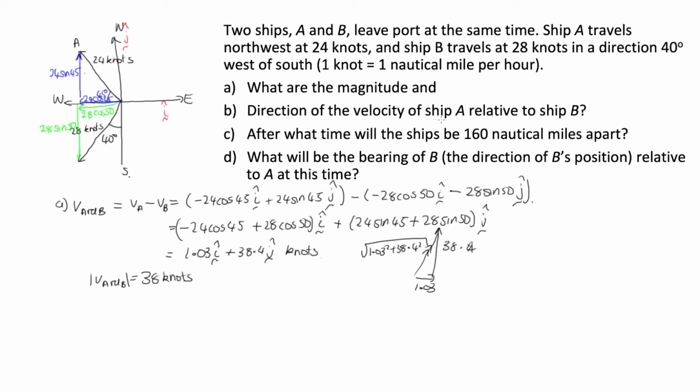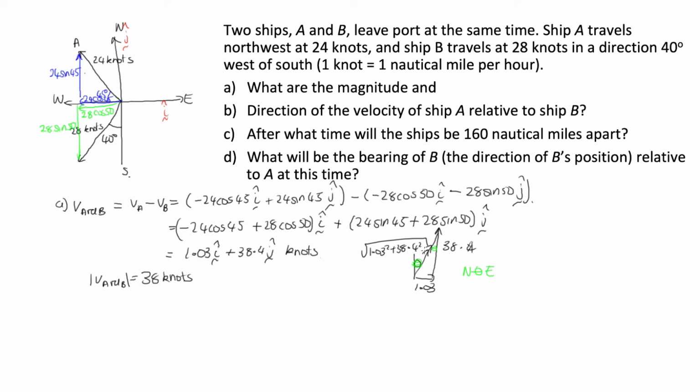And then we also need to find the direction. So we want to find out what this angle in here is. This angle here will then be north theta east. So we can work out that this angle is the same as this angle, just using alternate angles on parallel lines.